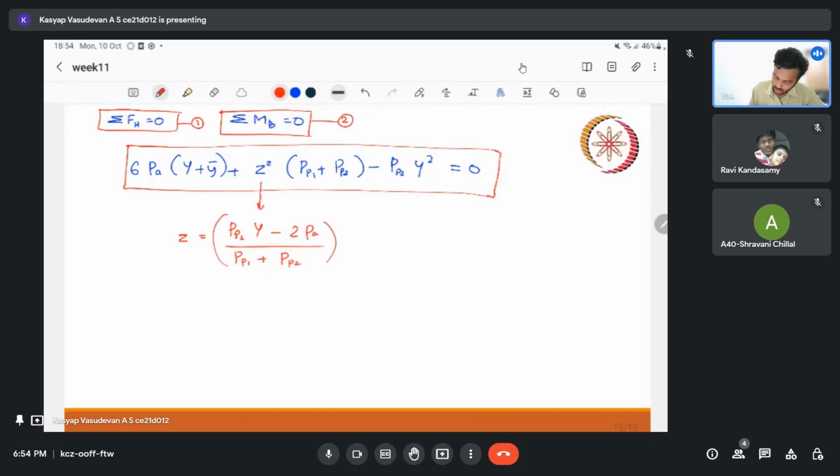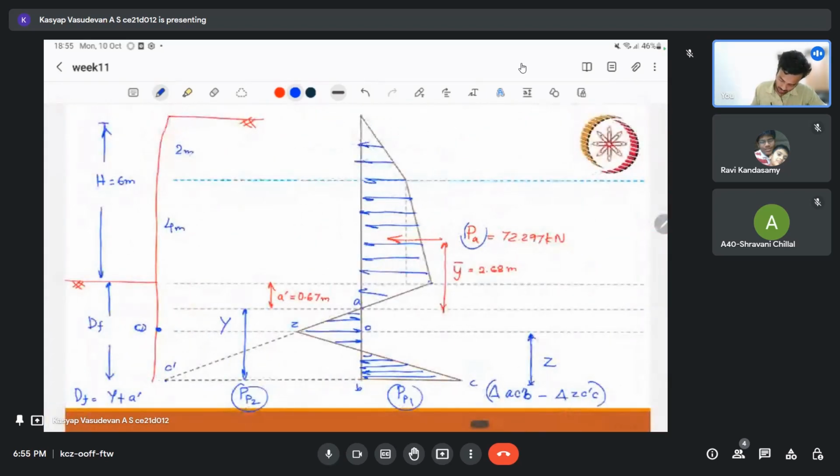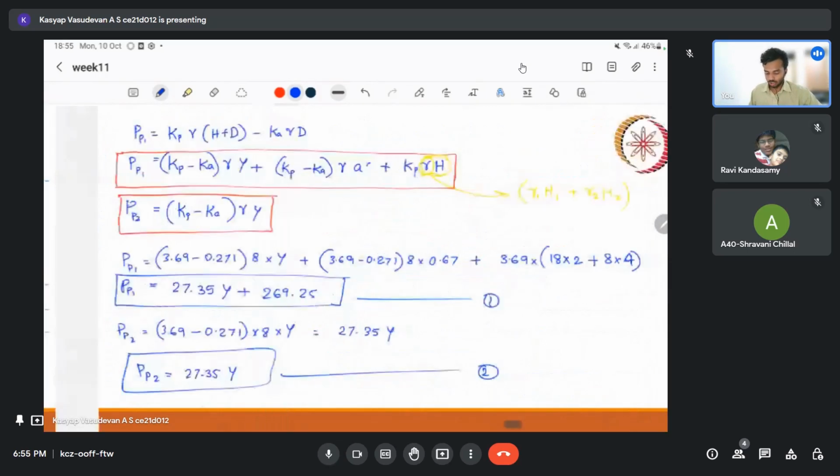This you will get easily from sigma Fh equal to 0. z is this distance from the pivot to the base. So using that we can define z.